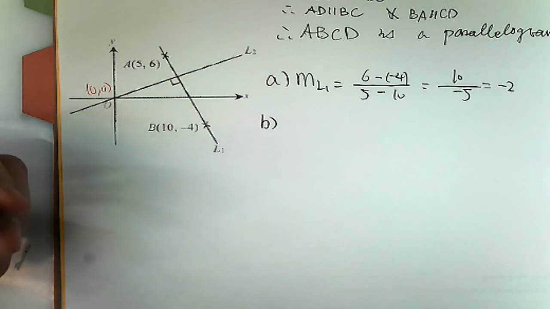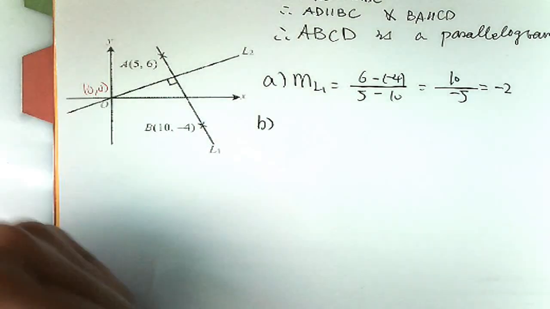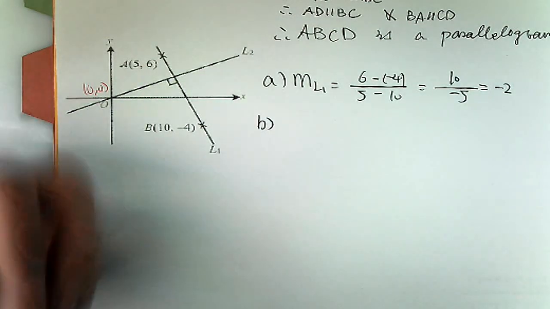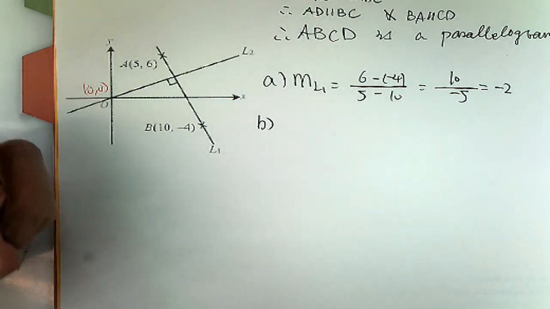Then if 6, 3 is on L2, the slope of L2 and the slope of L1 multiplied together must equal -1. You can do it in this way, or you can do it another way.